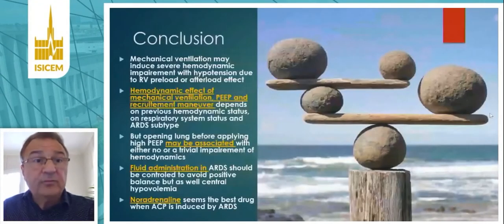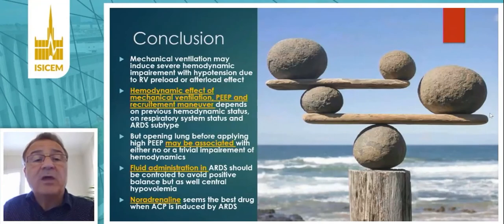So from my point of view, in conclusion, mechanical ventilation, everybody knows, may induce severe hemodynamic impairment with hypotension due either to reduced right ventricular preload or to increased right ventricular afterload. The hemodynamic effect of mechanical ventilation, PEEP, and recruitment maneuver depends on the previous hemodynamic status, the respiratory system status, and also the ARDS subtype.